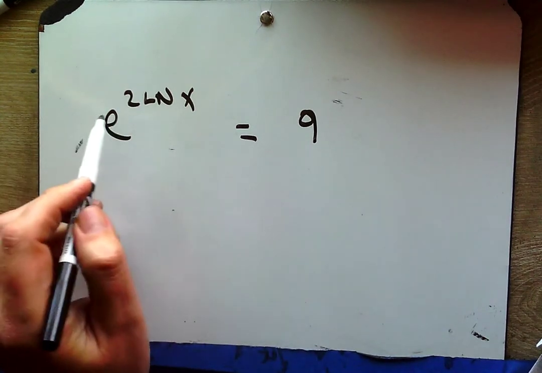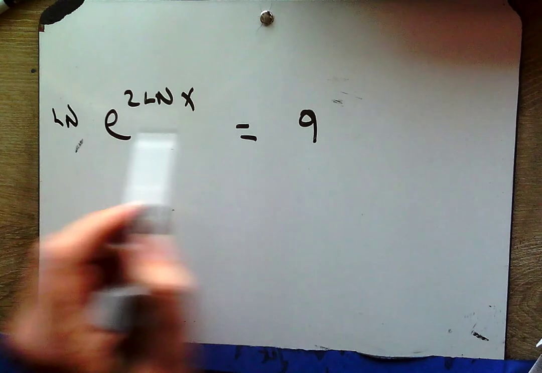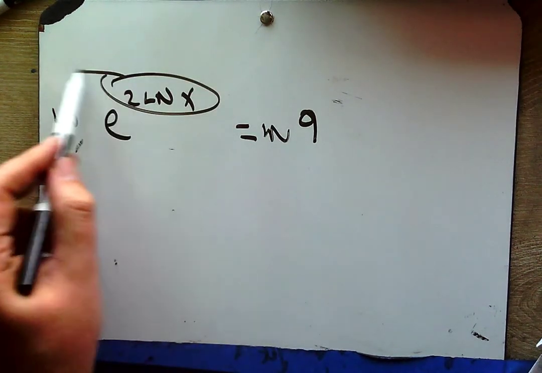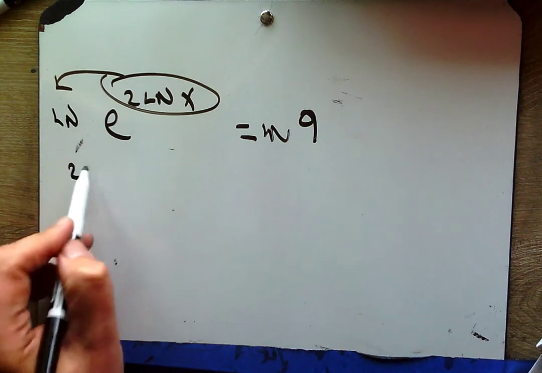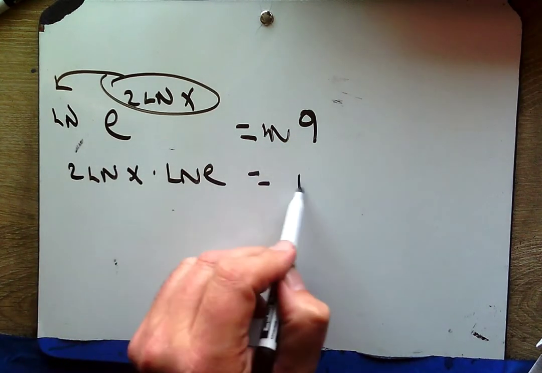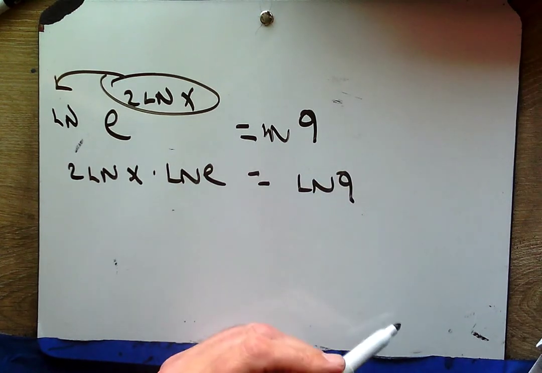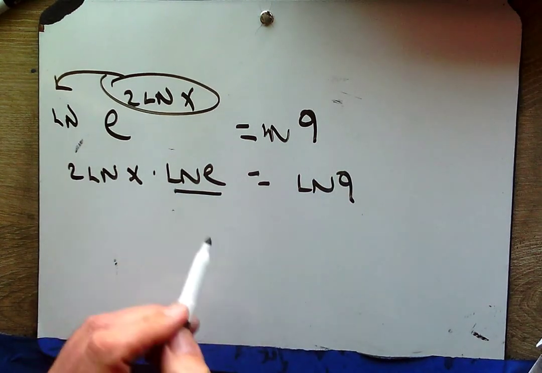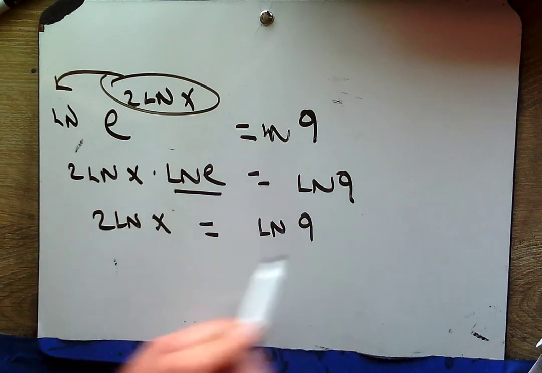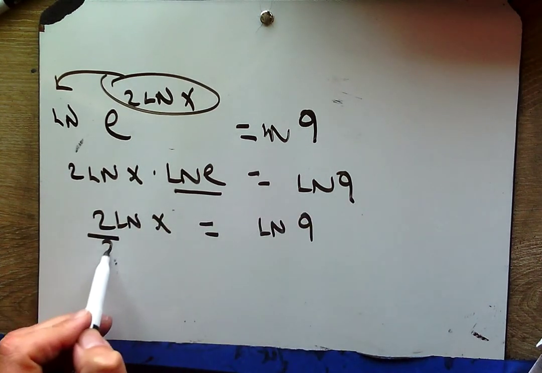And the problem is that if I try and take the ln of both sides here, well, I guess I could, because then I would bring that down to 2 ln of x, ln of e equals ln of 9. Ln of e is, that's right, 1. Good, I'm glad you're starting to remember that. And I need to divide both sides by 2.